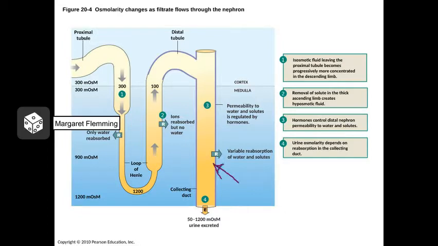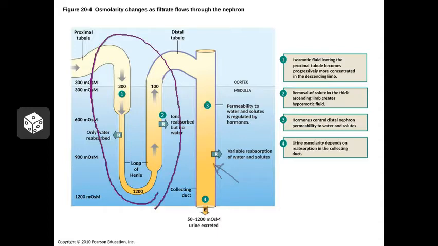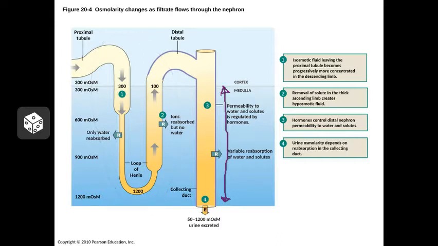Remember that it is ADH that targets the cells of the collecting duct. Also remember that it is the osmotic gradient that is developed through the nephron loop and the vasa recta that determines how much water will be reabsorbed in the presence of aquaporins.